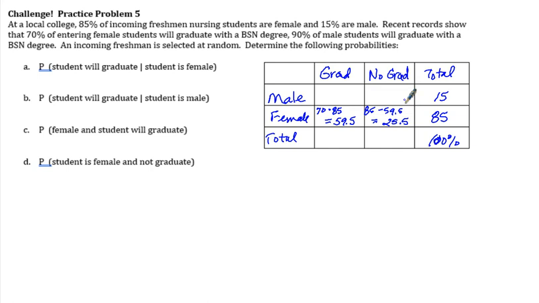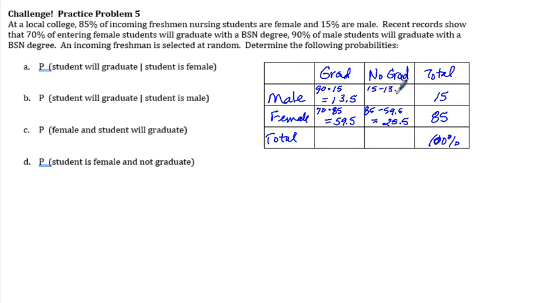Let's go talk about the males. 90% of the males will graduate. So 90% of this 15% of the population. So 0.9 times 0.15, 90% times 15%. Hopefully on your calculator you worked out that that's 13.5% of the whole group. And then easy enough, if you aren't graduating, it's just 15 minus the 13.5, right?